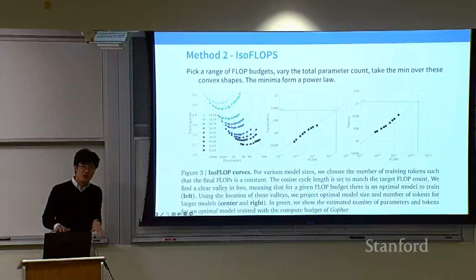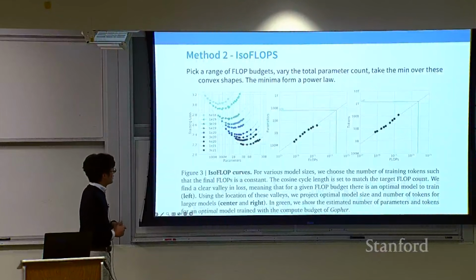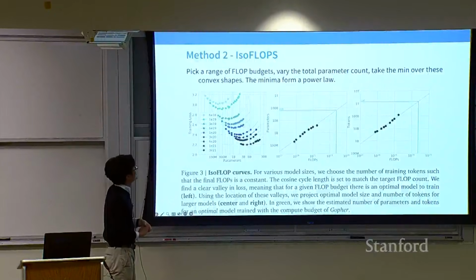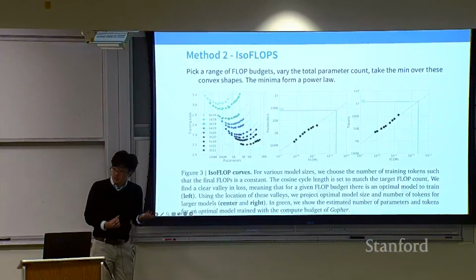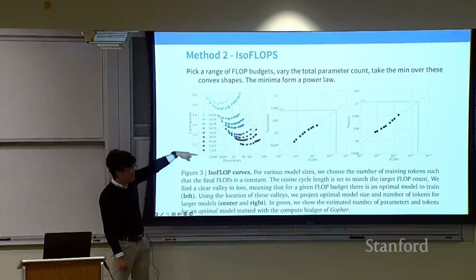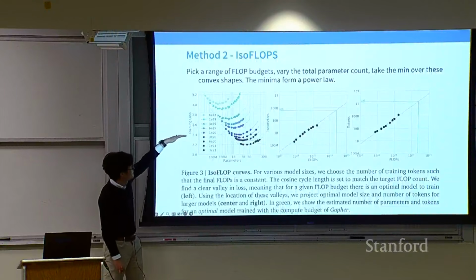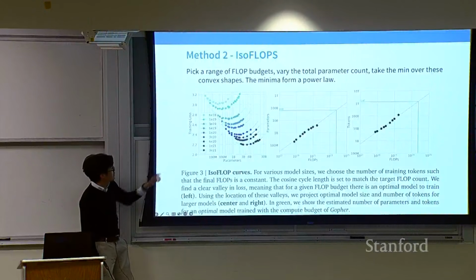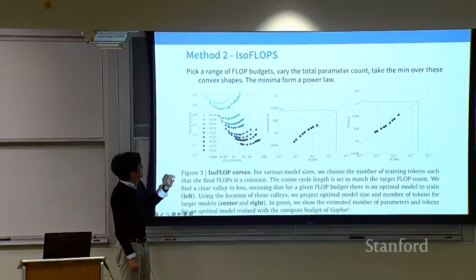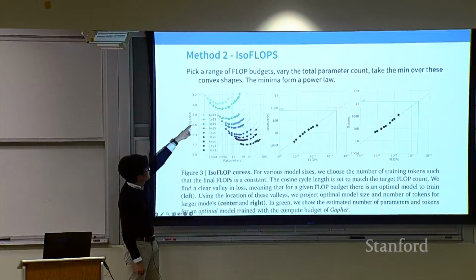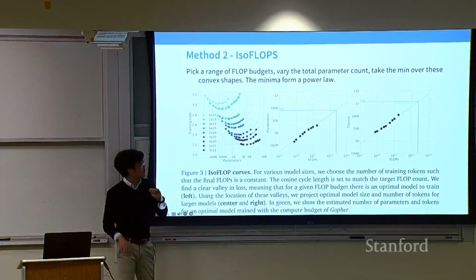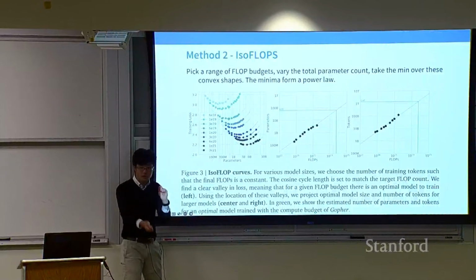Method 2 is isoflops. This is now very popular. It's also very easy and very robust. This is probably my personal favorite method. And what you do for this is you pick a bunch of different flops budgets, right? So I have a range of flops budgets, going in factors of 3 in this case, or 1, 3, 6. And for each flop budget, you're going to essentially sweep the space, right? Here, I have one variable, which is the parameter to data trade-off.